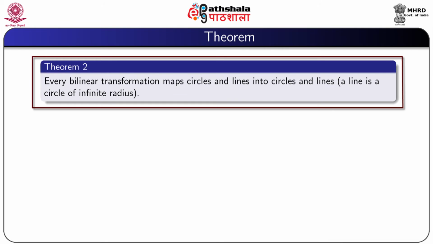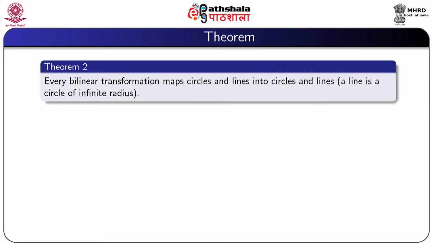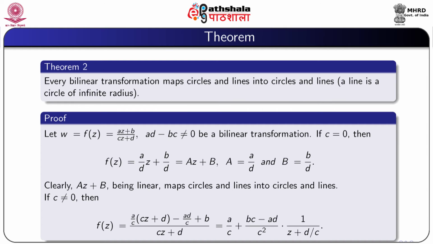We now prove a result. Every bilinear transformation maps circles and lines into circles and lines, where a line is a circle of infinite radius. Proof: let W equal to F(z) equal to (Az plus B) by (Cz plus D), AD minus BC not equal to 0, be a bilinear transformation.